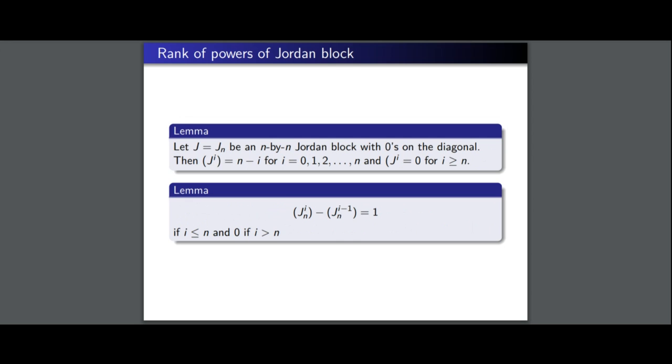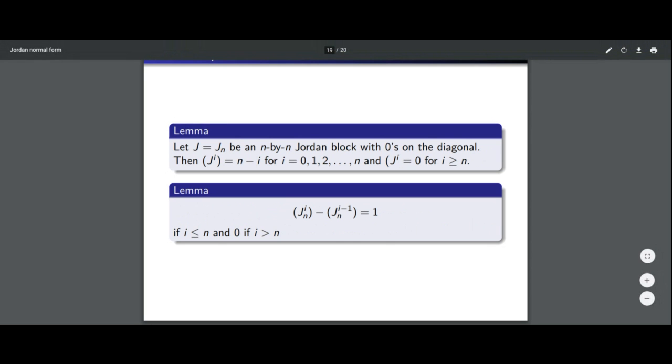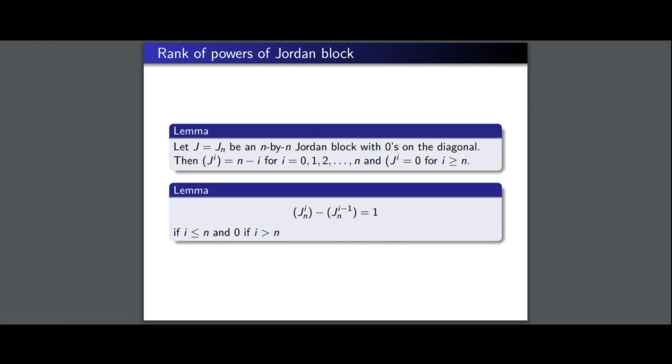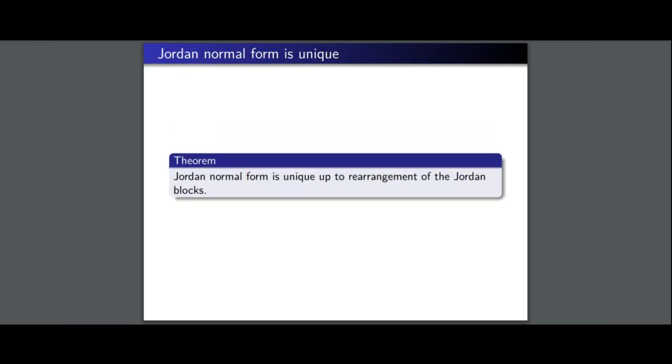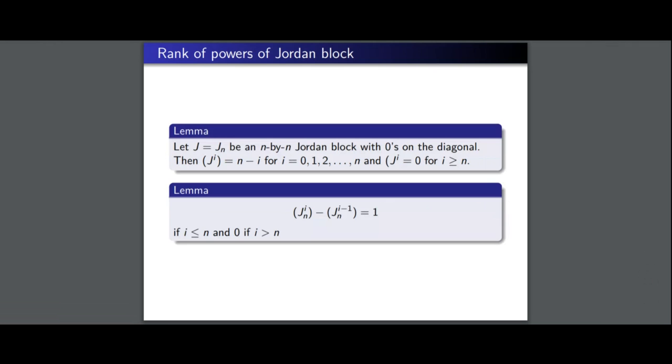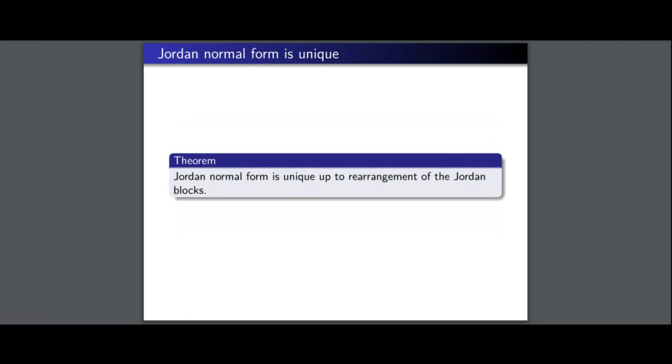Except that you can rearrange their order, but you can't change how many they are and how big they are. To prove that is not so hard, but I'm going to probably put that in its own separate video.